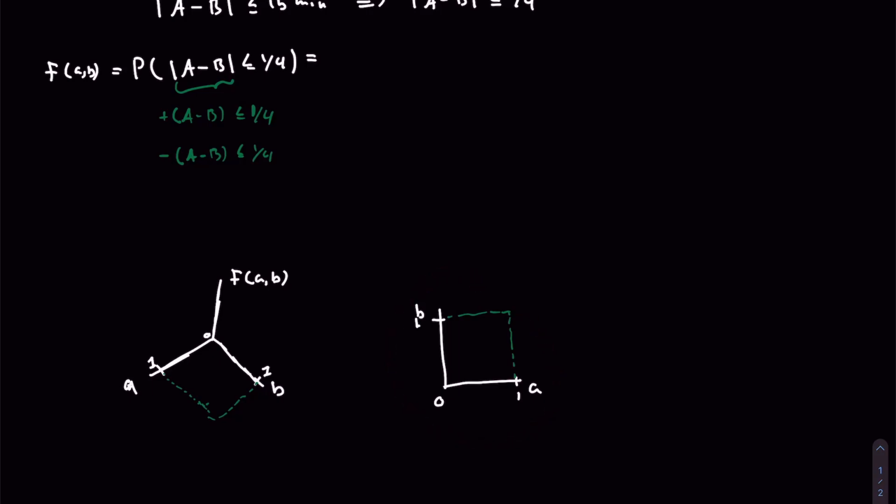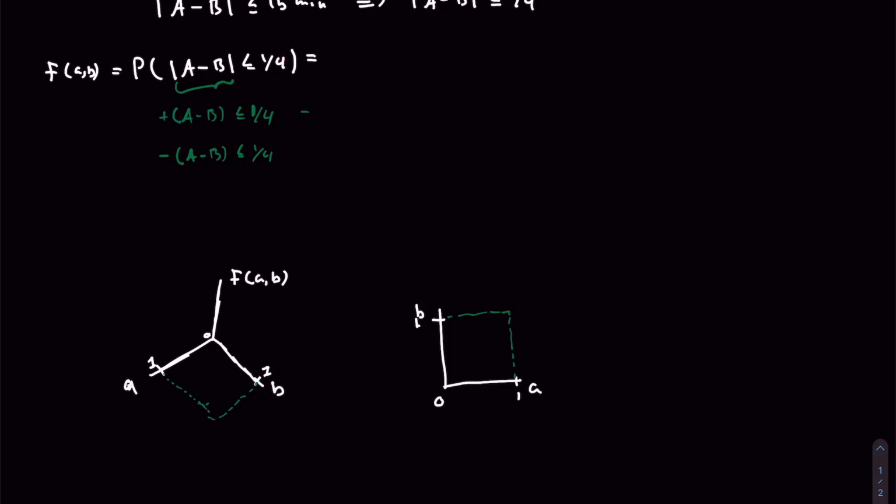Just after some simplification, I'm going to express these two in terms of B, because it's easier to draw the two lines of interest that will show the region where this event is true.